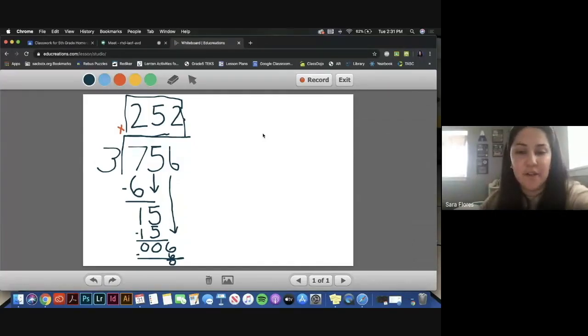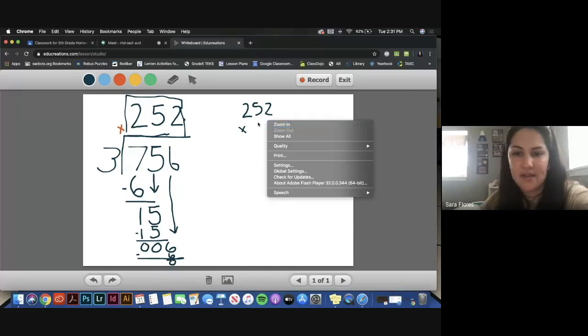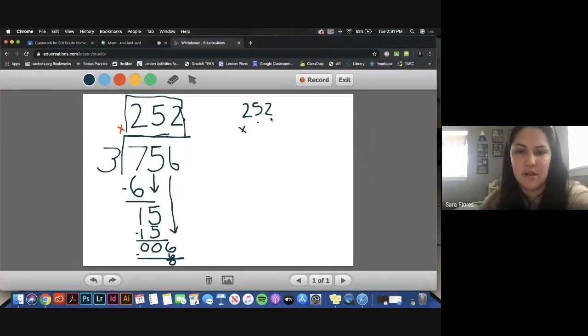And like I told you guys, the perfect way to check this is to multiply your quotient times your divisor. And if it equals your dividend, then it checks out. So let's check it over here with multiplication. 252 times, sorry guys, times, hold on, I don't want that to confuse you, 3.